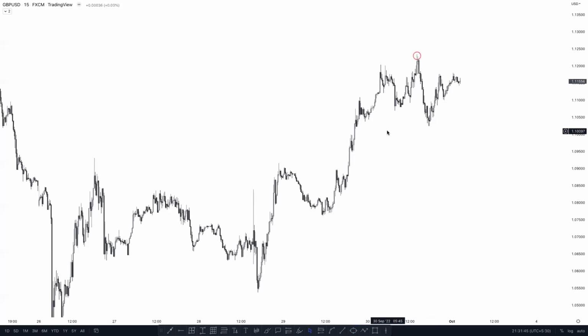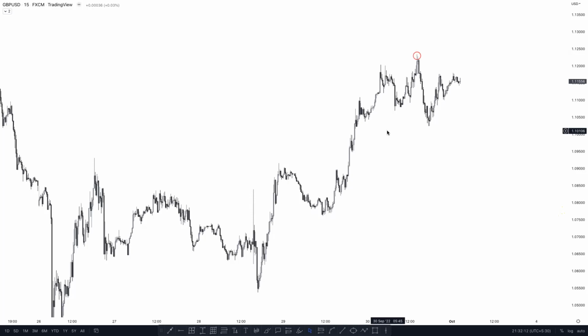I asked before: if you don't have inducement, I act like inducement. What happens if price closes above the high? Yes, if there is no inducement and price takes out the previous candle high or closes above it, then we should shift our high. If it sweeps, then we can treat it as a sweep.